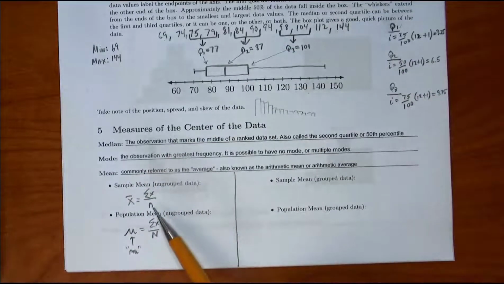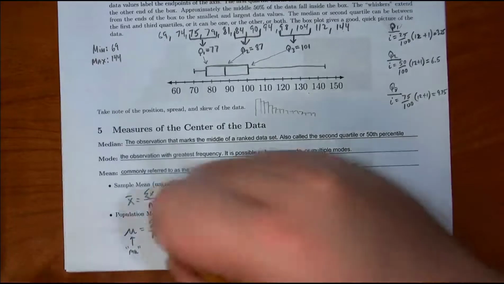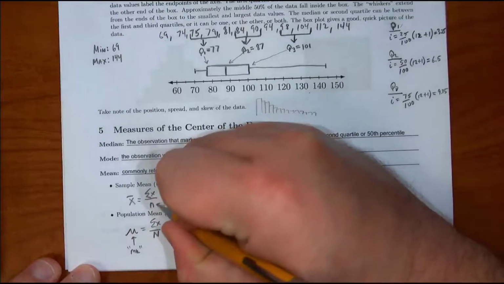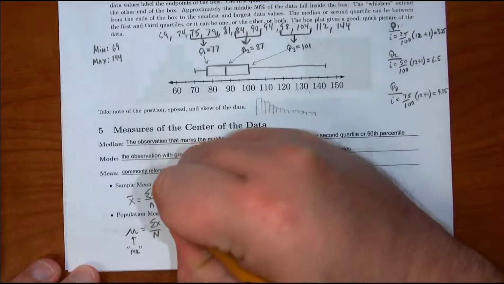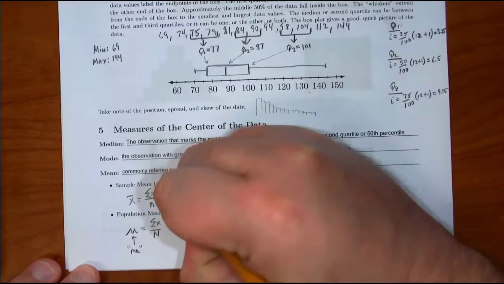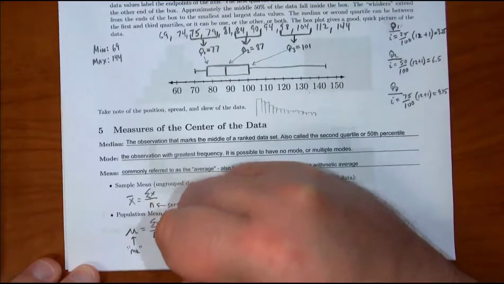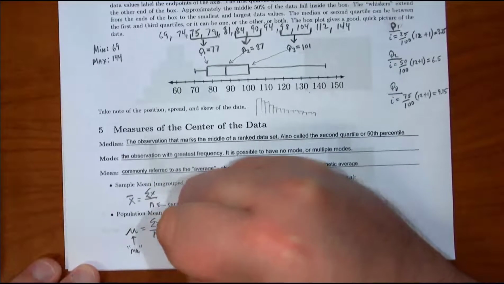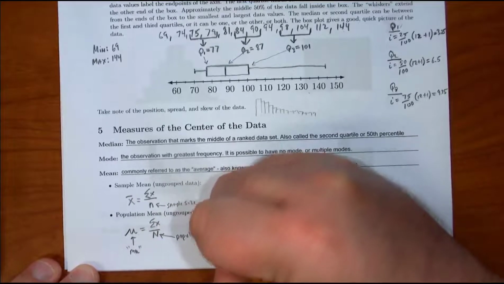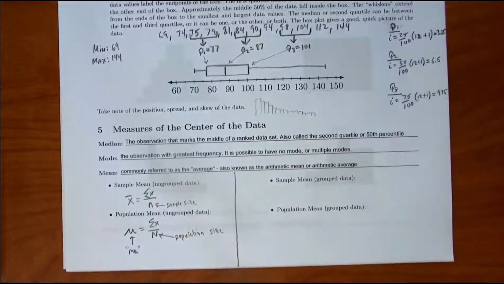A lowercase n always means sample size. An uppercase N always means population size. So you have to be intentional. If you always write your letters capital or lowercase, well, you need to rethink that because capital N versus lowercase n do make a difference here.